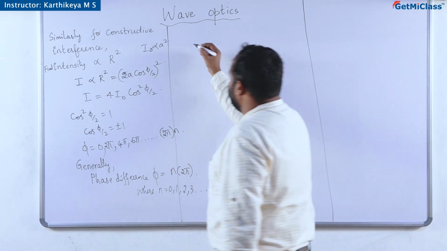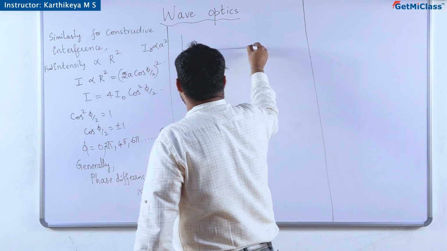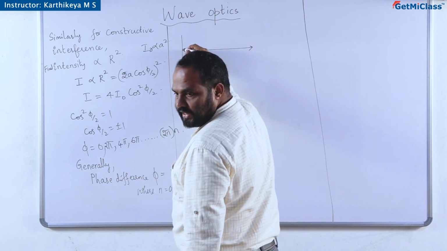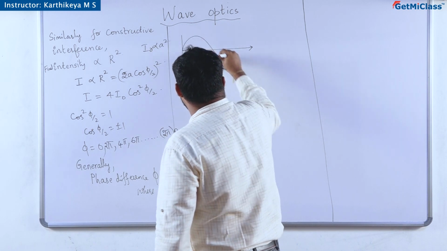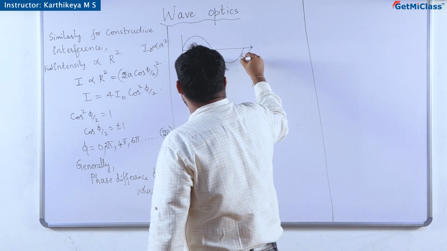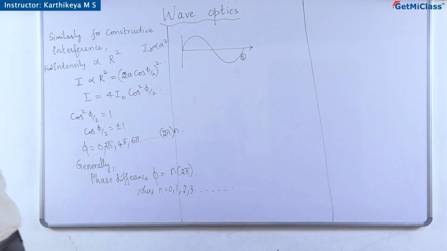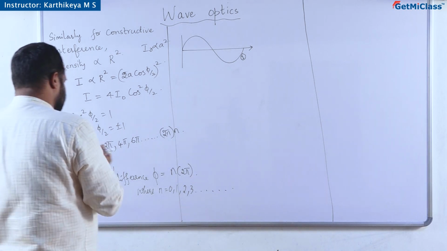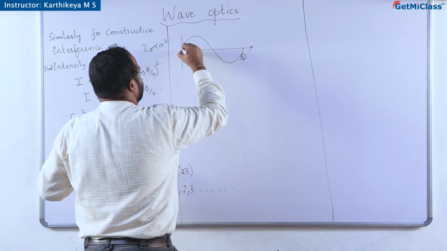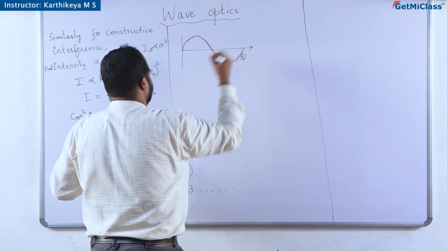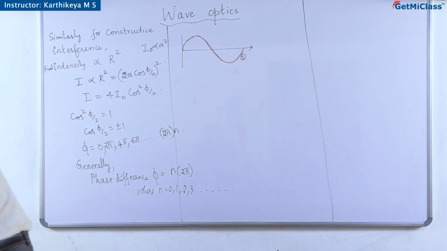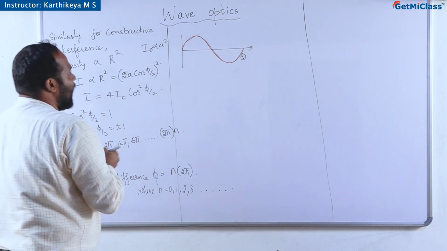So if I consider a small example of one light wave moving like this, this is wave 1. If I consider the second wave moving with the same amplitude, say like this only, the resultant amplitude will be adding up.